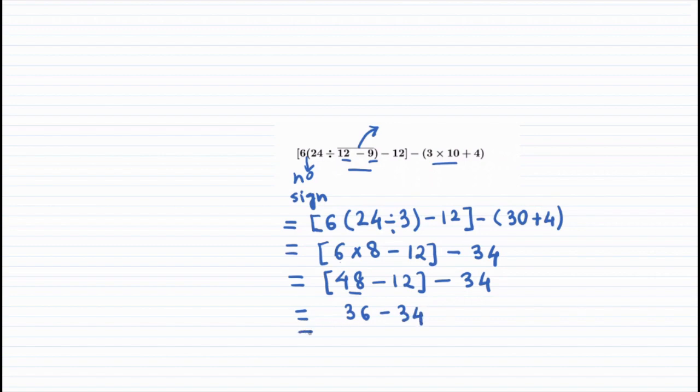Now here just one operation is left, that is subtraction, and 36 minus 34 is 2.